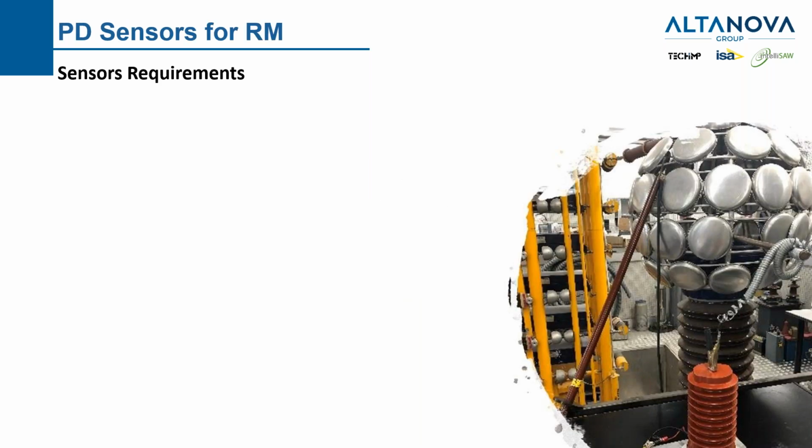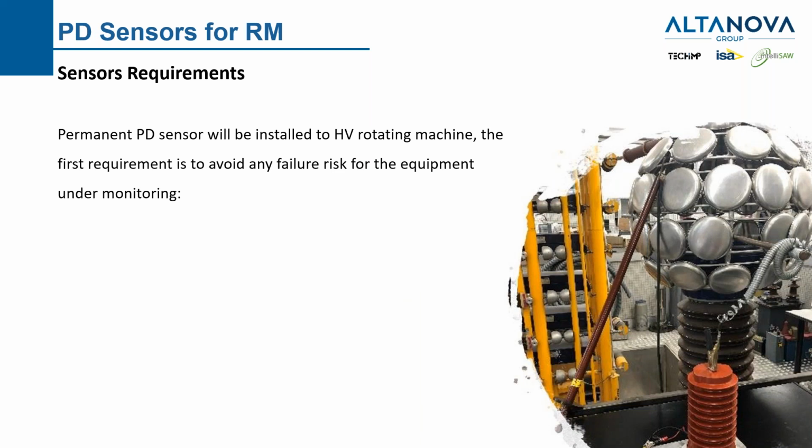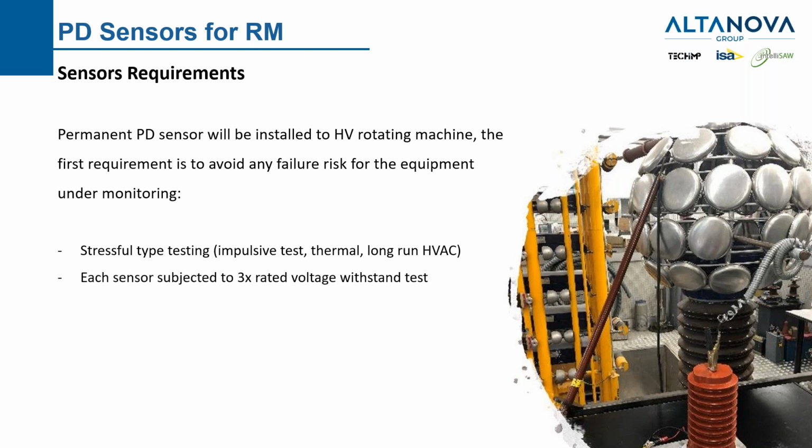Now, let's see what the sensor requirements are. Since the permanent sensor will be installed in a very critical environment, whenever we want to install the sensor, we must be sure that it's safe and it's not adding any risk of failure to our asset. So we have a very stressful type test. In the picture, there is an impulsive test layout for our sensor. Each sensor is subjected to 3 times the rated voltage for a withstand test, and each sensor shall be free of partial discharge at the rated voltage after a pre-stress session.